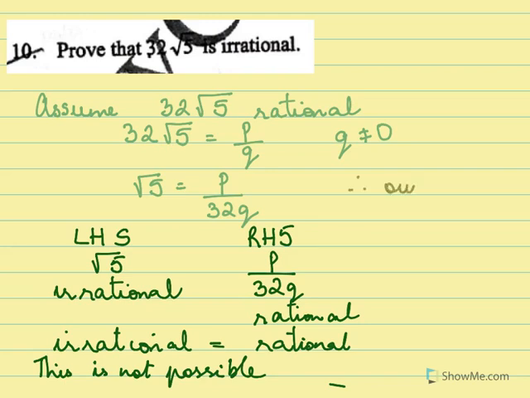And why did we get this wrong result? Therefore, our assumption is wrong. What was our assumption? That 32 under root 5 is rational. So we can say, therefore, 32 under root 5 is irrational.